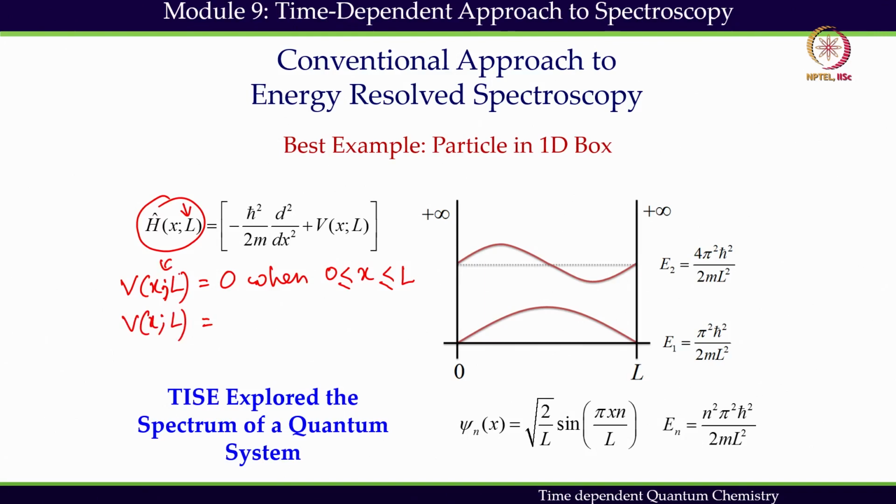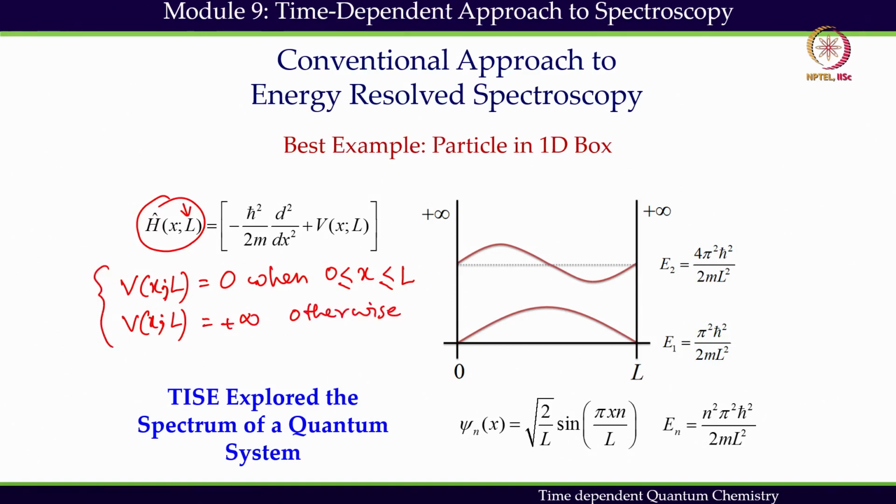We should remember the semicolon we have always used in the adiabatic theory. We have used it to separate the variable and the parameter. So it is going to be plus infinity otherwise. So this is the definition of the potential.